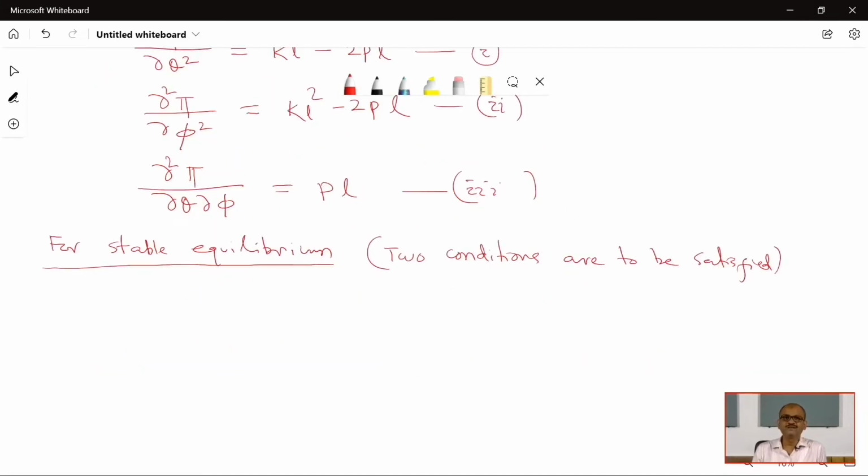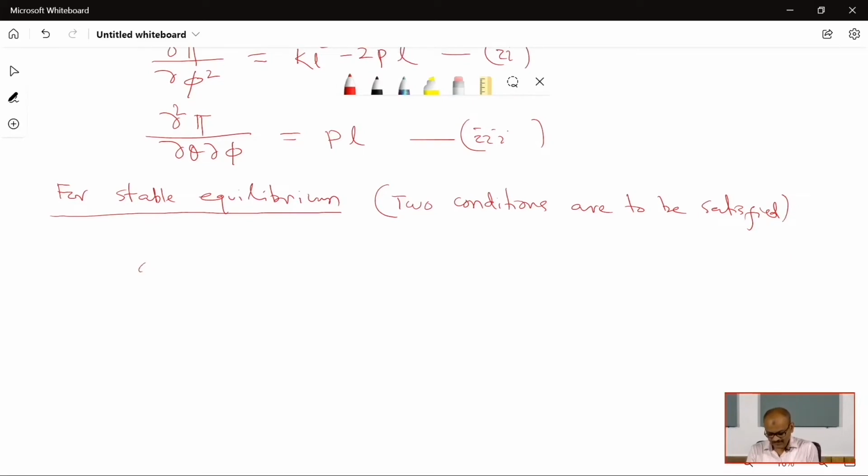I wish to mention here, when the system is a single degree of freedom system, there was only one variable, only theta. That time for stable equilibrium, what we were doing, second variation of the total potential energy with respect to theta, if it is greater than 0, that was stable equilibrium. But in this case, there will be two conditions.